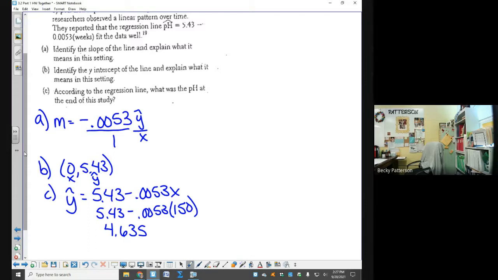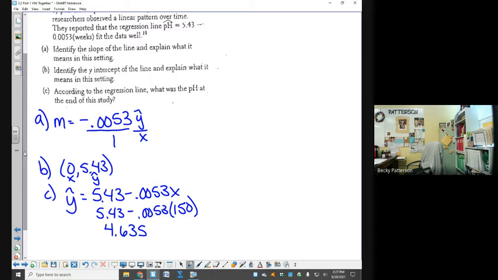Everybody okay with that? I'm pausing, letting it process. Okay. Y-intercept. At week 0, the pH balance is predicted to be 5.43.